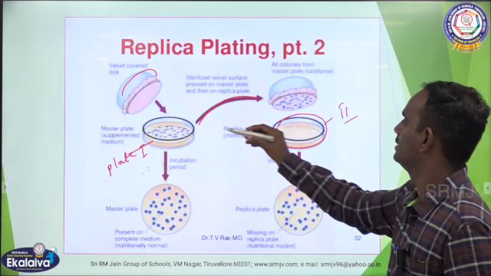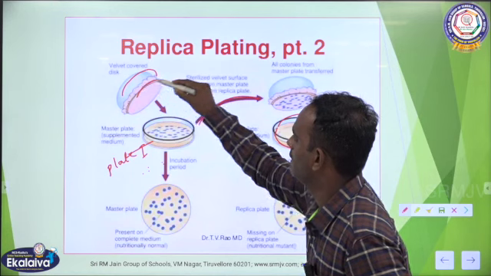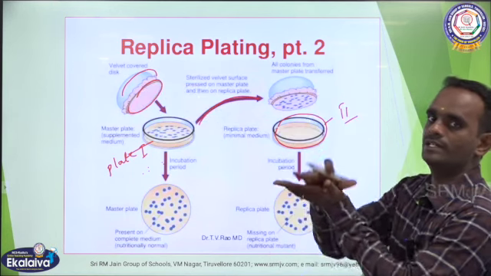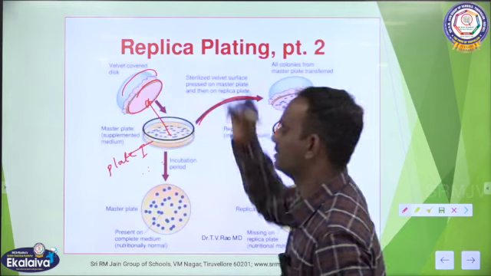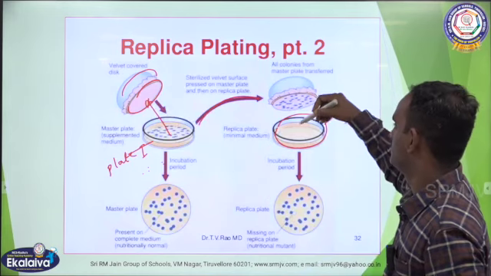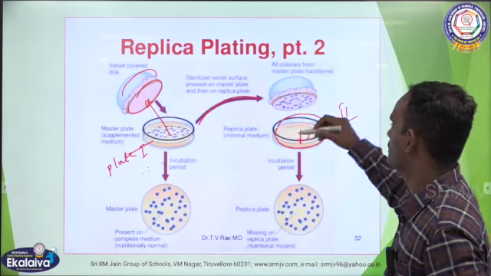What will happen? See here, the velvet is free. Once we press on the first plate, the colonies are picked up, and when pressed again, they come out here in the same positions.